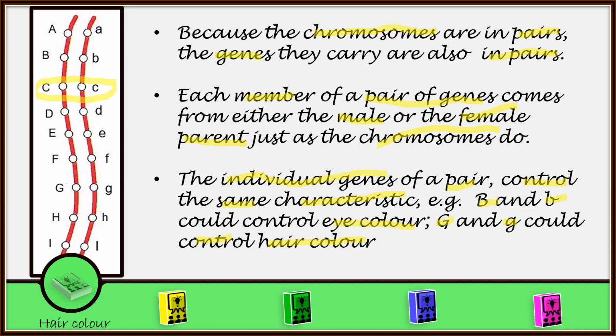So what we are saying here is that these individual genes which are in pairs control the same characteristics. For example, capital B and small b may be the ones controlling the eye color, and capital G and small g might be genes controlling hair color.